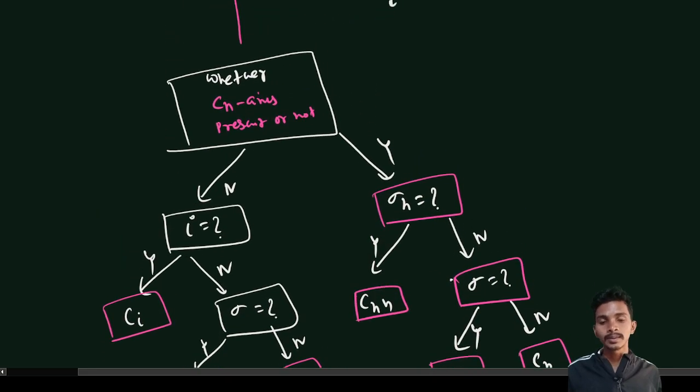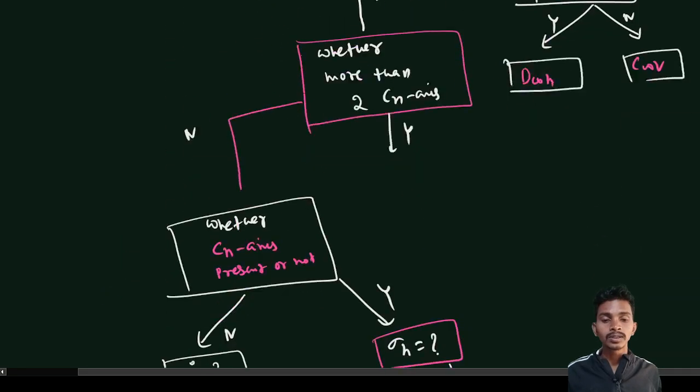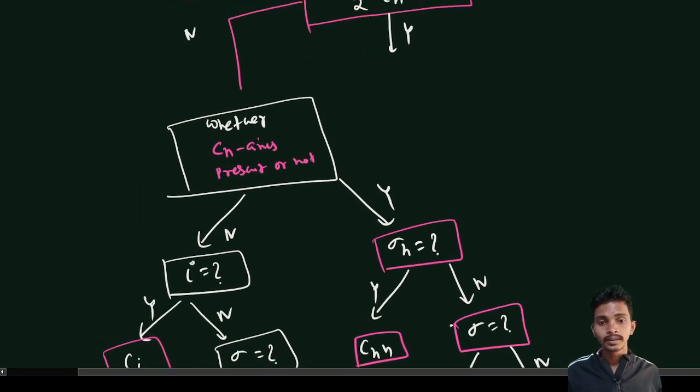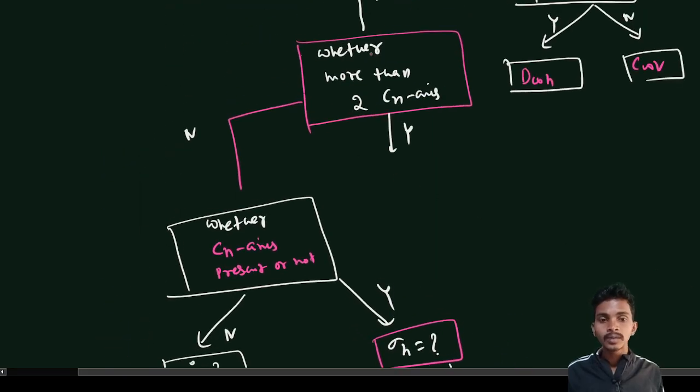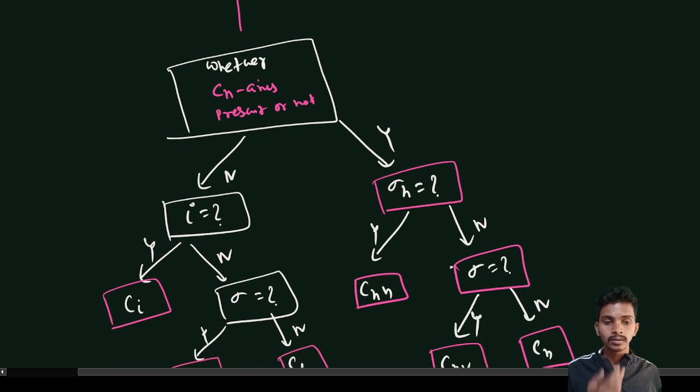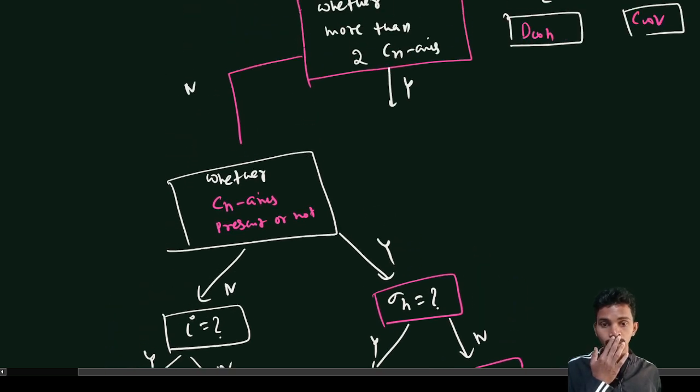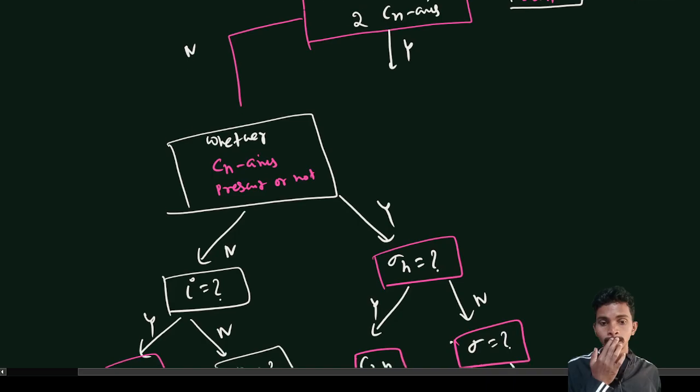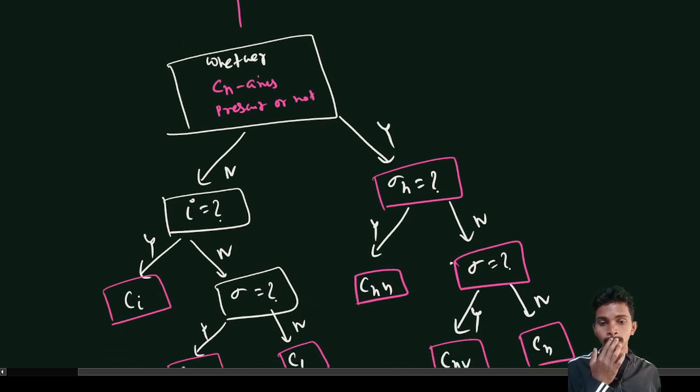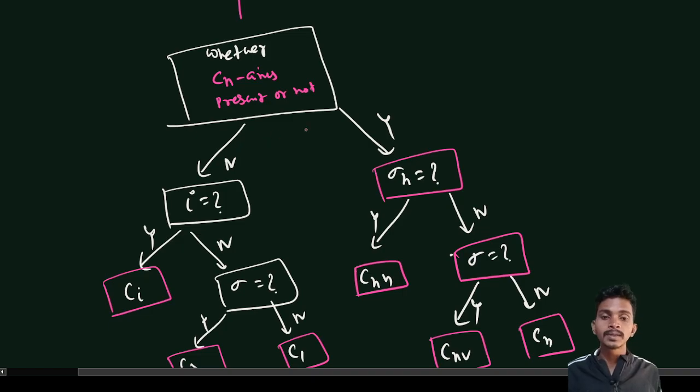You can draw by yourselves how to draw this group table. Now, whether there are more than two Cn axes, if yes, here whether Cn is present or not, this is yes.